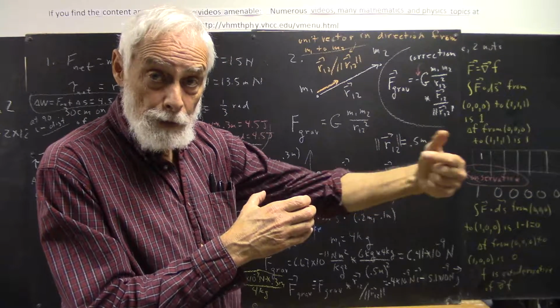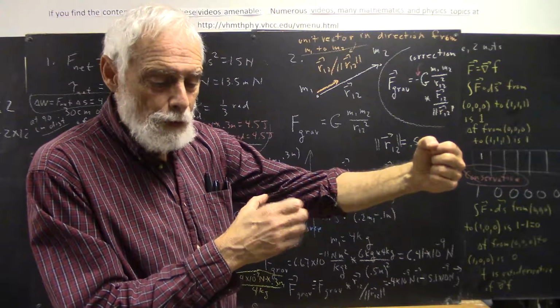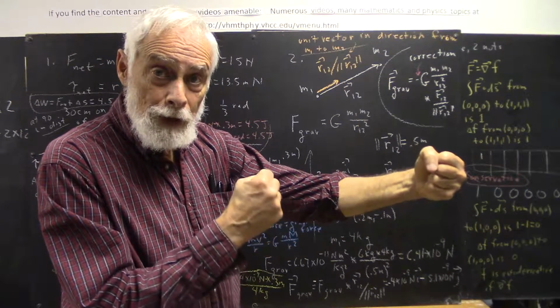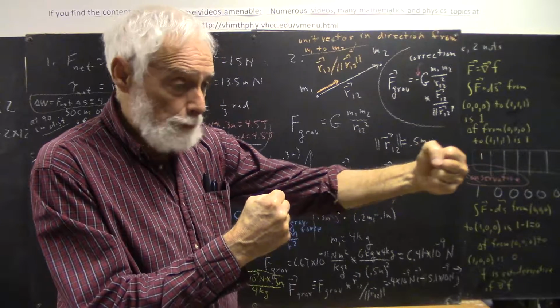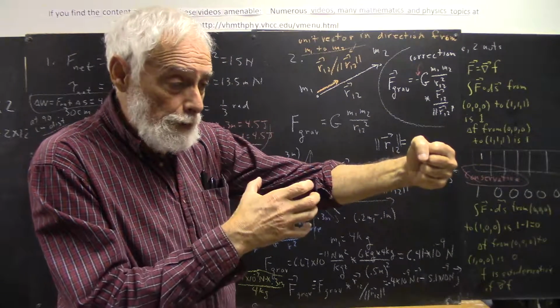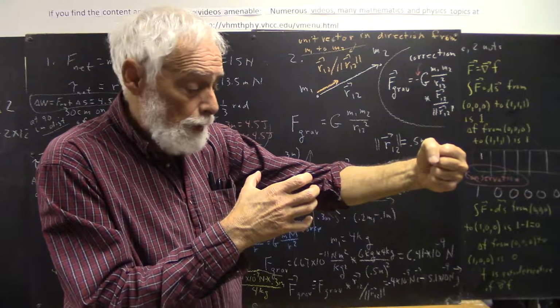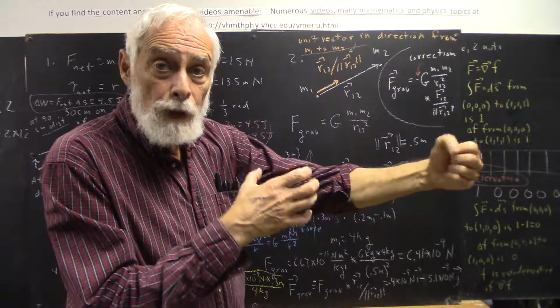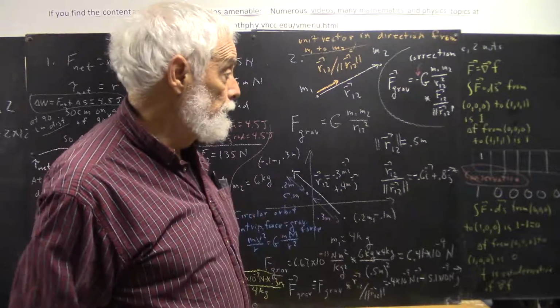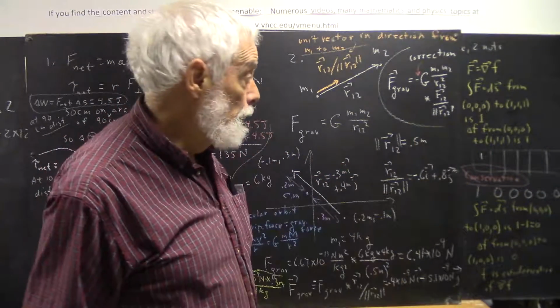It's going to interact with each one separately. So if it interacts with just the first one, it's going to have whatever that force is. If it interacts with the second one, it's going to have an equal force. So if the two masses here are melded together, then we're going to have twice the force of attraction between this mass and this now doubled mass, as opposed to the original masses.